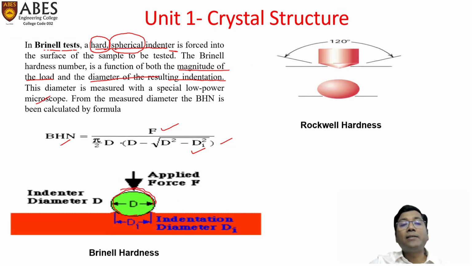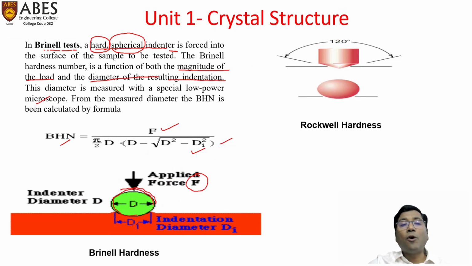F is the applied force in kgf, and Di is the indentation diameter. So the Brinell hardness number can be calculated.